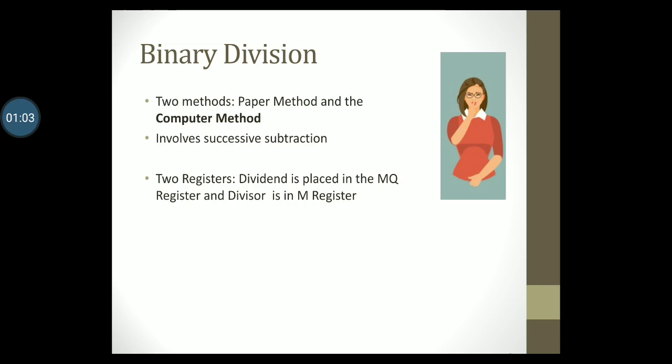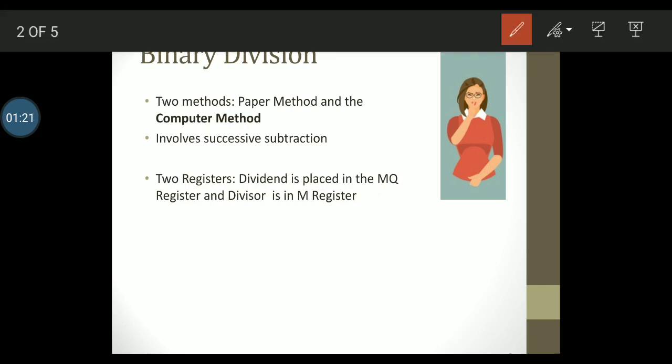I can use this register to store the results of any arithmetic operation, but I can store only 16 bits of information in it. In this computer method, we will use two registers. The dividend or the numerator will be stored in the MQ register and the divisor or the denominator will be stored in the M register.